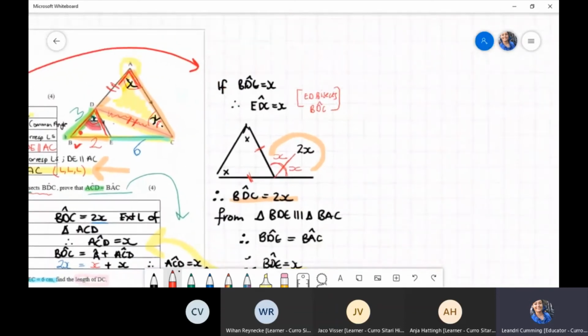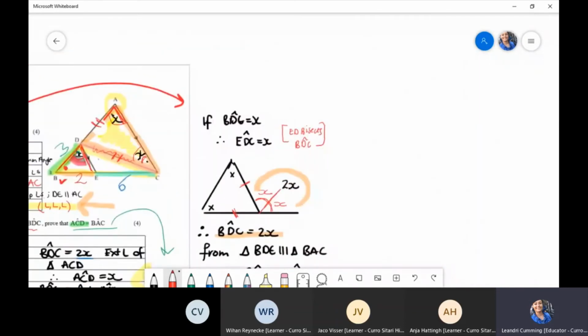So I'm going to keep my triangle in my eye here, and I'm going to write on this side.